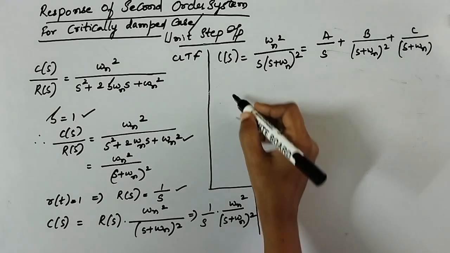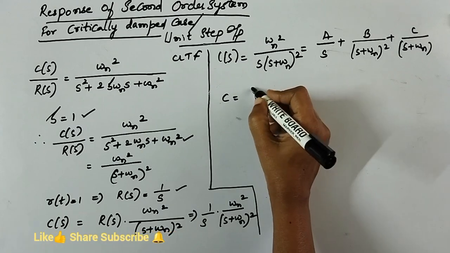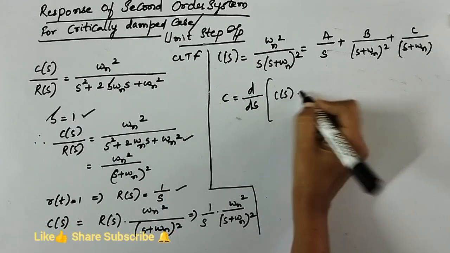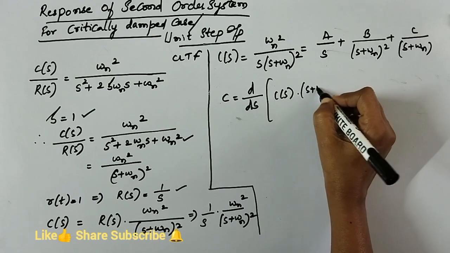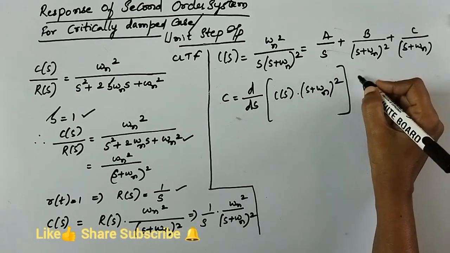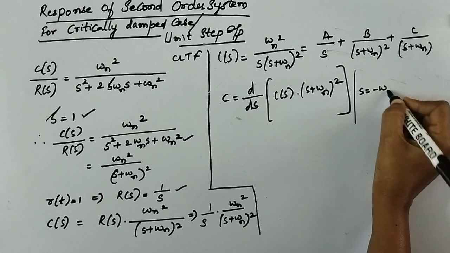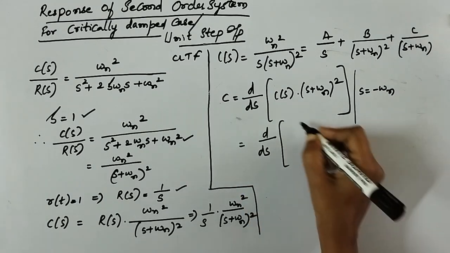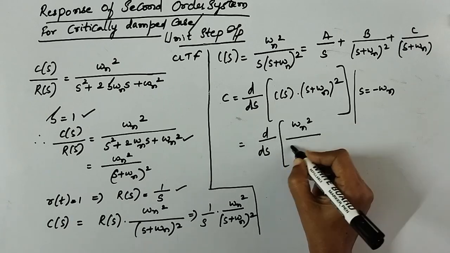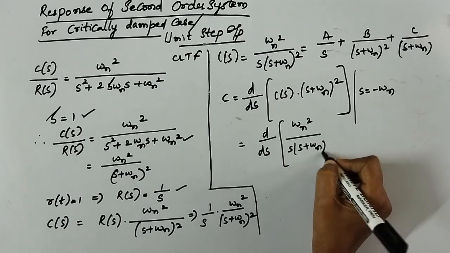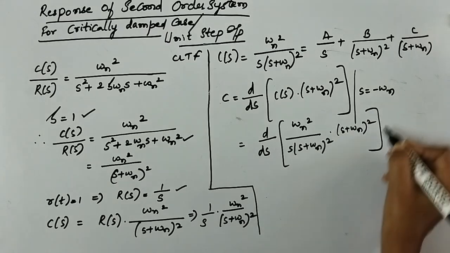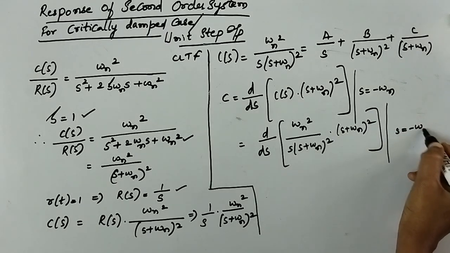Now we'll find out coefficient C, that is nothing but first derivative, that is d/ds of C(s) into (s + omega n) whole square for s equal to minus omega n. That is nothing but d/ds of omega n square / (s (s + omega n) whole square) into (s + omega n) whole square for s equal to minus omega n.